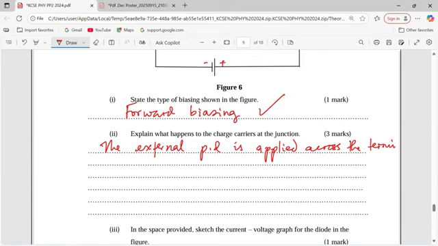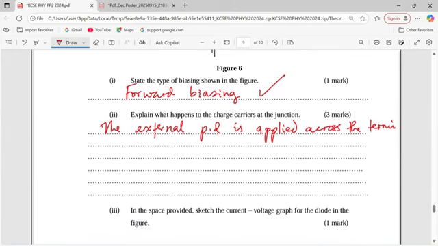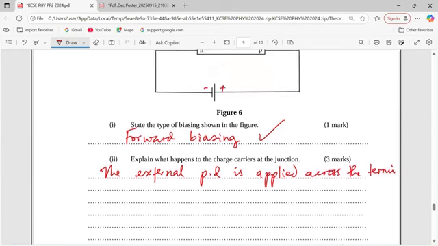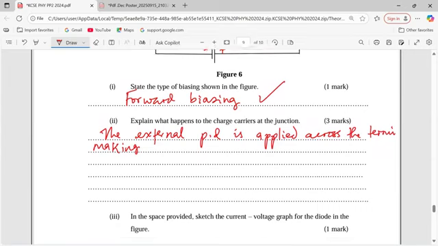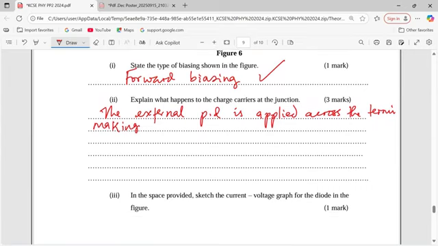making the charge carriers diffuse across the junction.